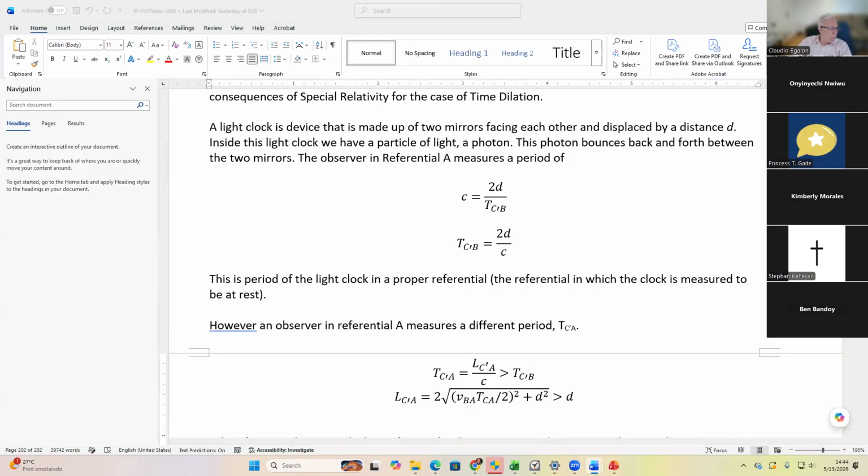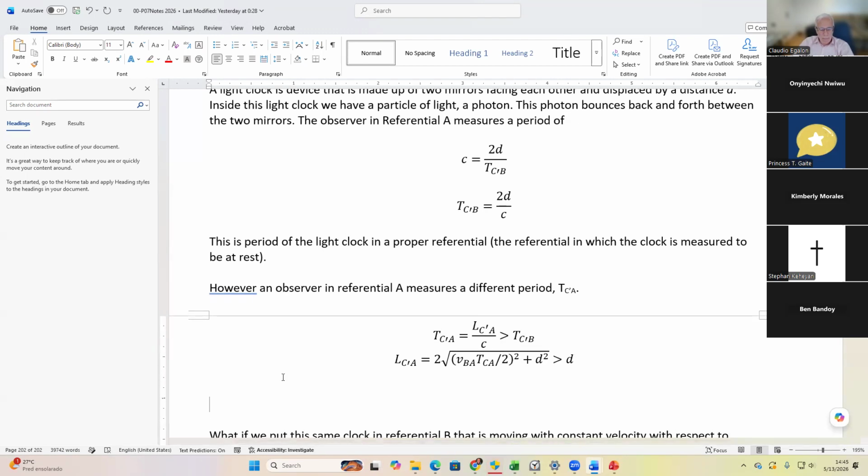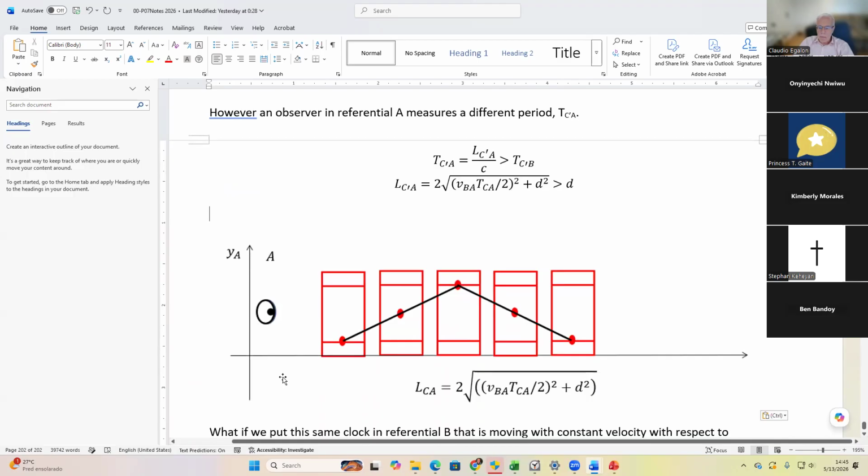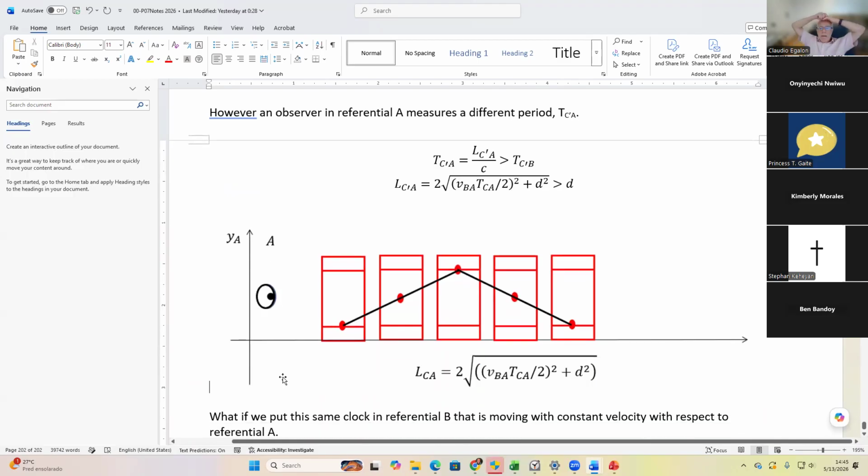That's how we prove mathematically the time dilation phenomenon. Here is the illustration that you have to have. The red color means the clock that's moving.